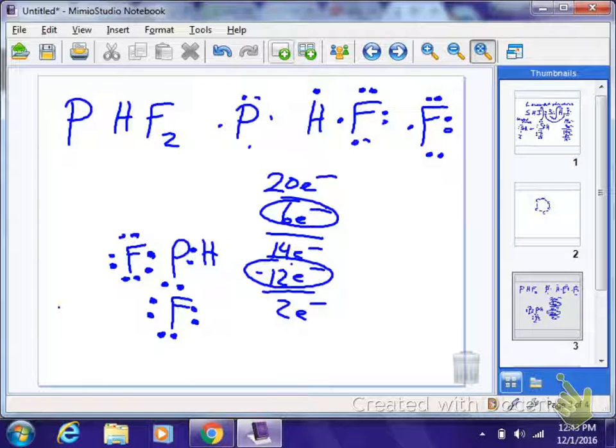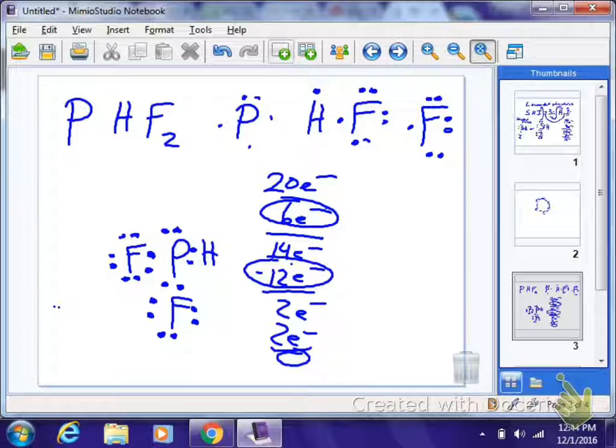After we put the 12 electrons in there, we're left with 2. And anything that remains can go off the central atom. So we put them off the central atom, and we're done. We run out of electrons. We're done. Then you double check your structure, and you've got 8 and 8, and phosphorus has 8. So everything has 8, except for hydrogen.